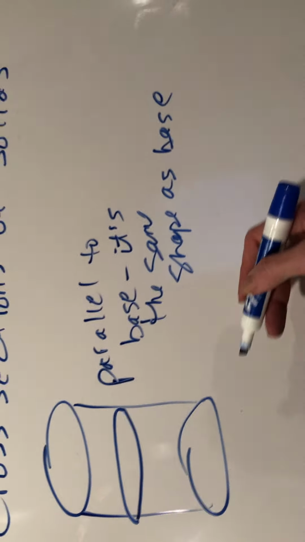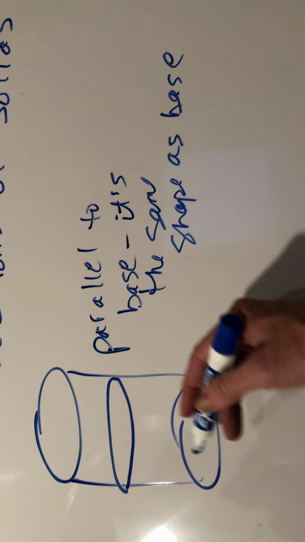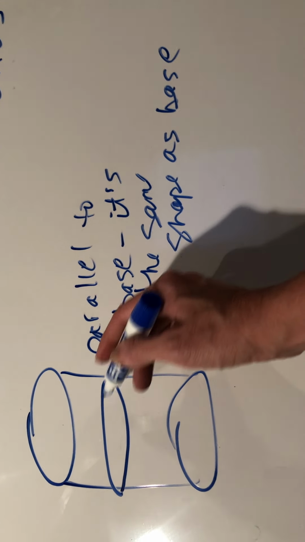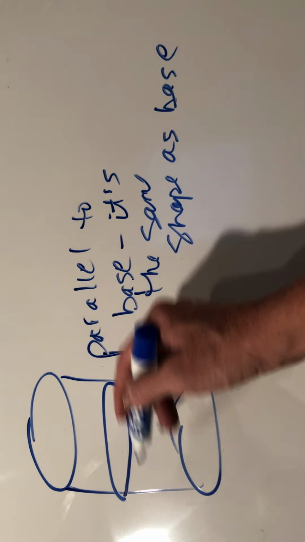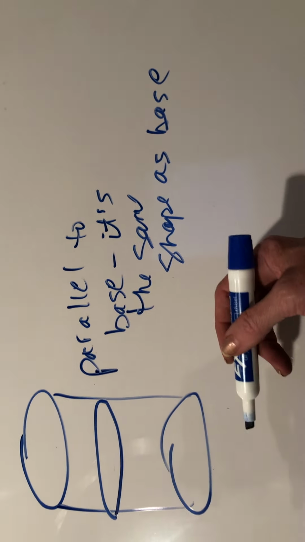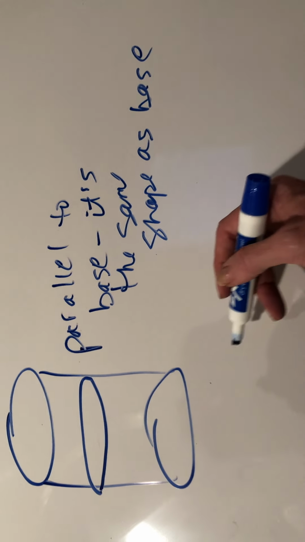So because this is a cylinder and my base is a circle, when I take a cross section of it that's parallel to the base, the shape of the cross section is a circle, okay?